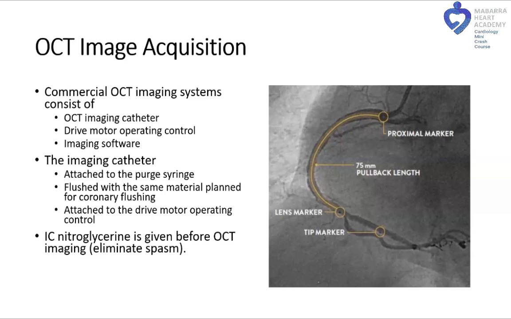You always need to give intracoronary nitroglycerin before you do your OCT run to eliminate spasm. As you can see on the image on the right-hand side, this is the angiogram of the RCA, and you can see the OCT catheter. It has a proximal marker, a lens marker, and a distal tip marker as well.